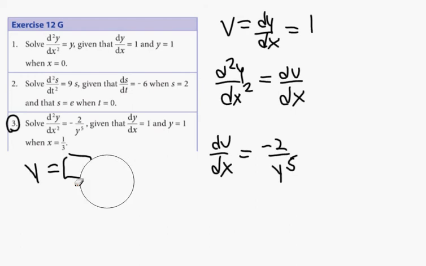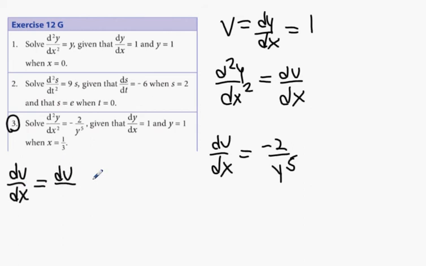So in order to fix that, I use the chain rule. I get my dv dx here. I always separate out the top one and I slide the other one beside it into two fractions. I then choose the letter that I have here. It's a y, so I say dy here and dy here.